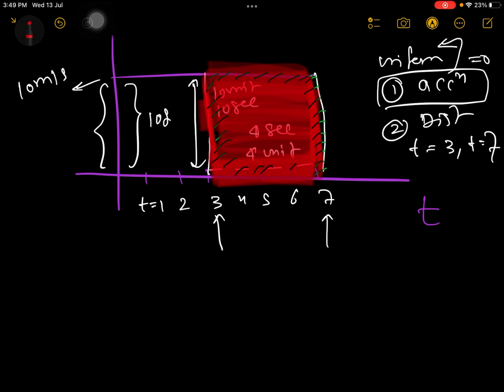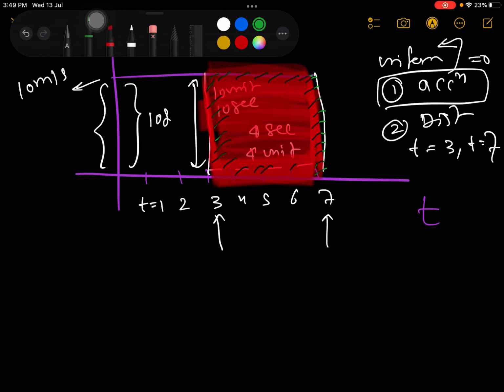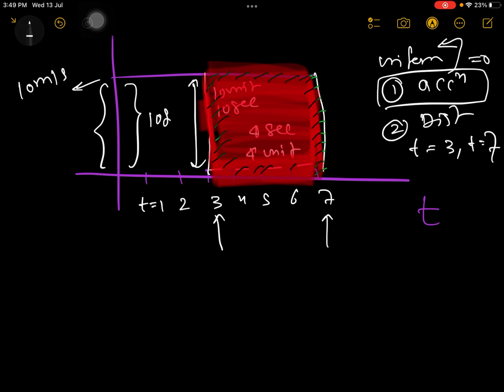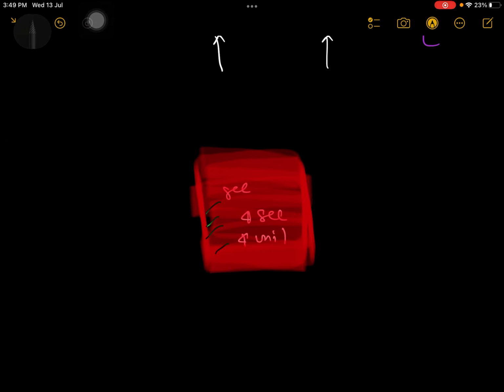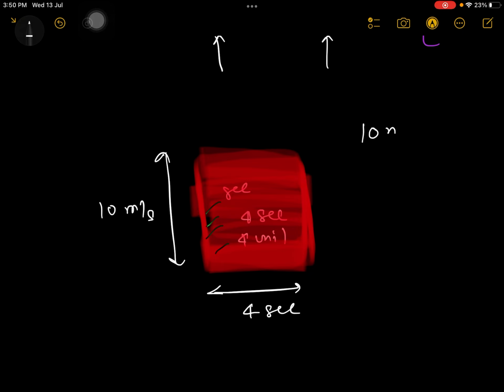If you want to find out this much area, you remember this is a rectangle. How do we calculate? If I take this part outside, then you know the length and breadth of the rectangle. This was 4 second and this was 10 meter per second. Understand one thing, if you multiply length and breadth, it means 10 meter per second multiplied with 4 second.